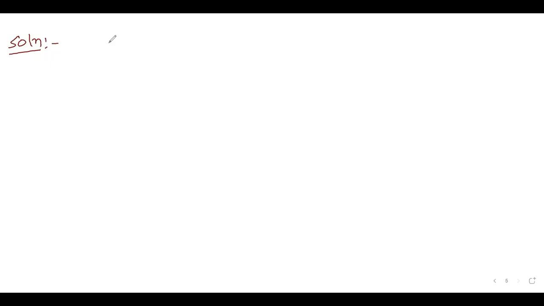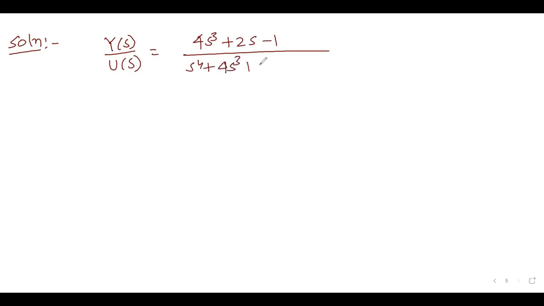Now the transfer function is output by input, which is equal to (4s³ + 2s − 1) divided by (s⁴ + 4s³ + 3s² + 2s + 1). You cannot cross multiply. Then what to do? We will introduce a third variable, Z(s).